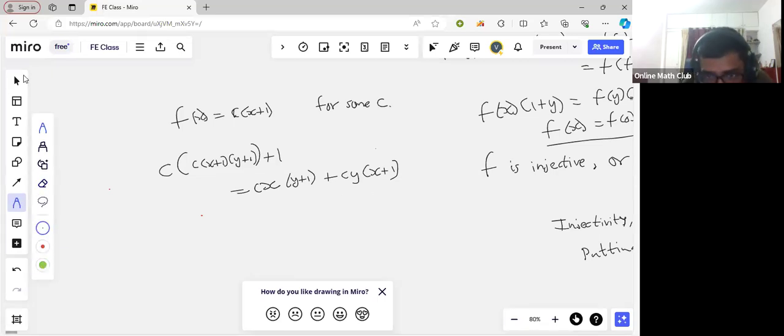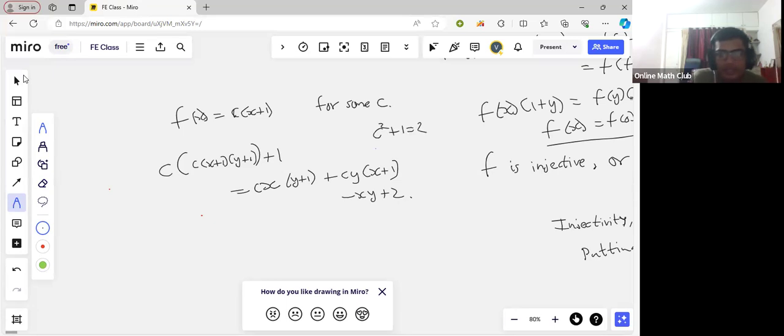And this must always be true. Right. So here, yeah, we can actually just put x equal to y equal to 0, for example, and we get c square plus 1 equal to 2.